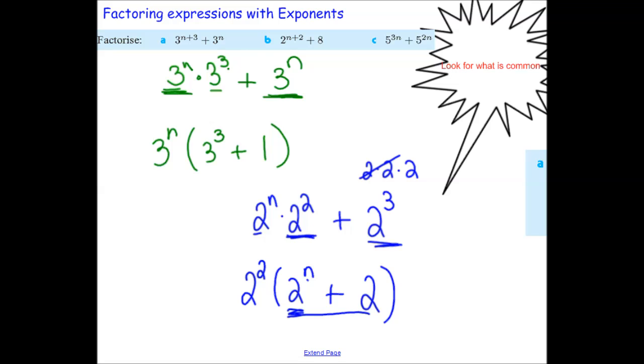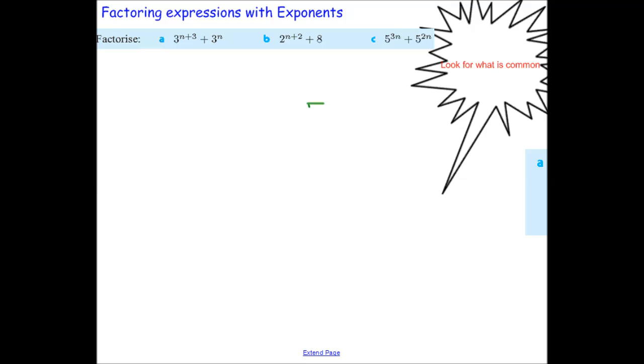Okay, here we've got 5 to the 3n plus 5 to the 2n. So again, just because we have the same base doesn't mean we can combine anything because it's addition. So we can write 5 to the 3n as 2n plus 1n, right? 2n plus 1n gives us 3n.